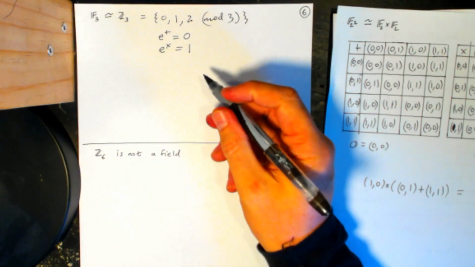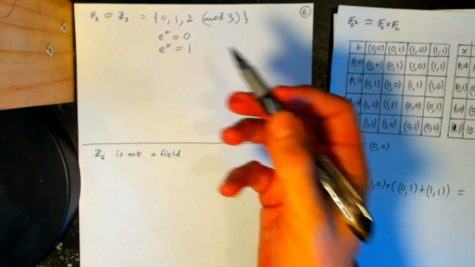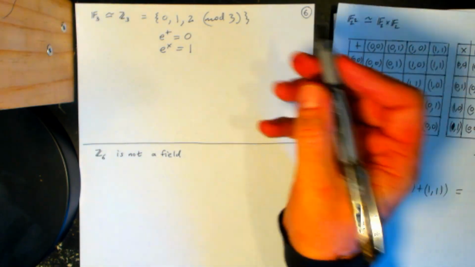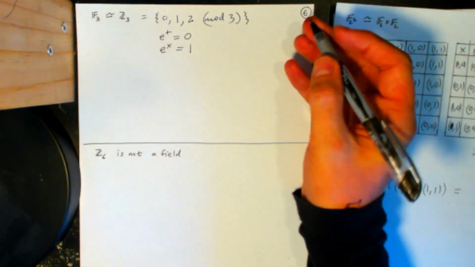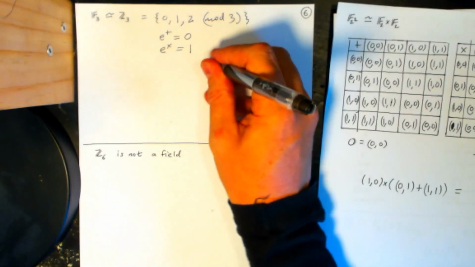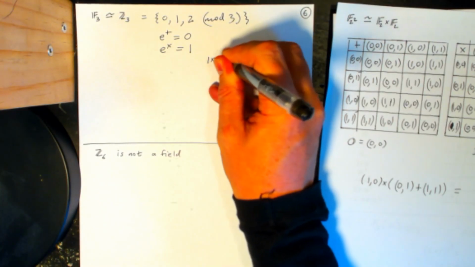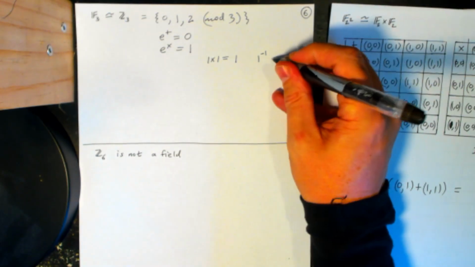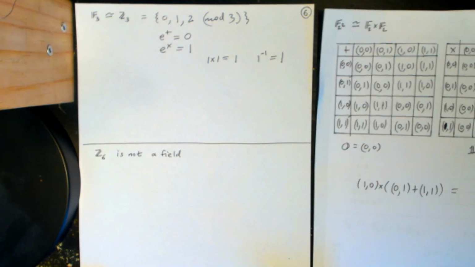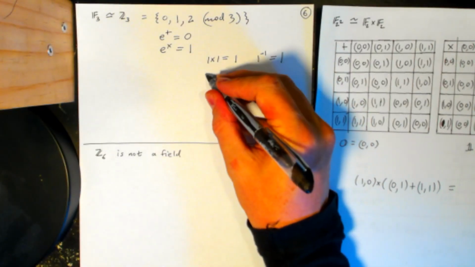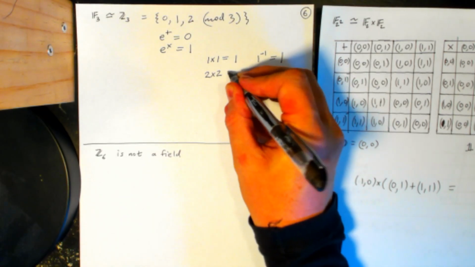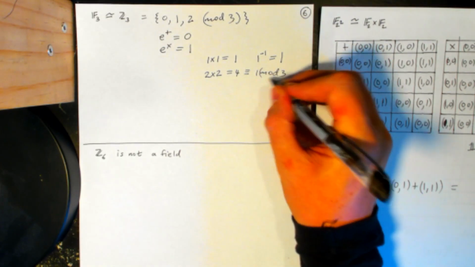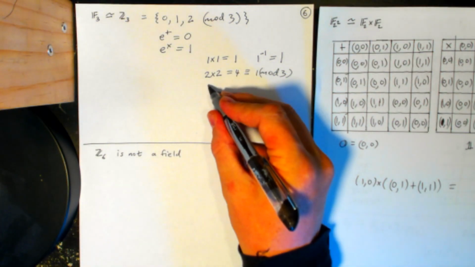Multiplication distributes over addition here, and every element of the multiplicative structure here that's non-zero has a multiplicative inverse. So 1 times 1 is 1, so the inverse of 1 multiplicatively is 1. Now also the inverse of 2: 2 times 2 is 4, which is congruent to 1 mod 3, and so 2 is its own inverse in this structure.